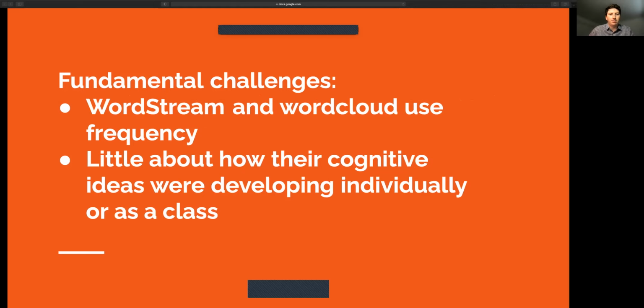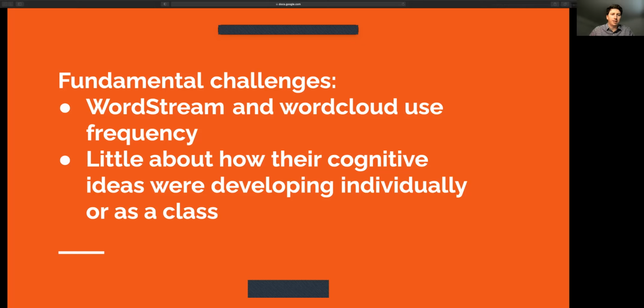So both WordStream and WordCloud depend on frequency of a word count, and that's still taking the topics and turning them into a quantity, which again loses some of the qualia that is attached with the rich context-laden qualitative data.